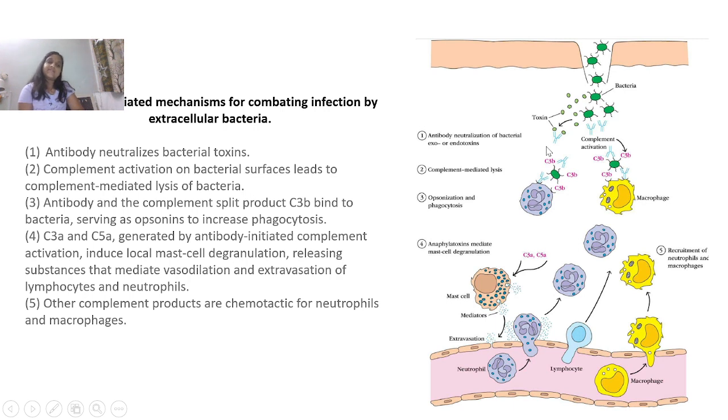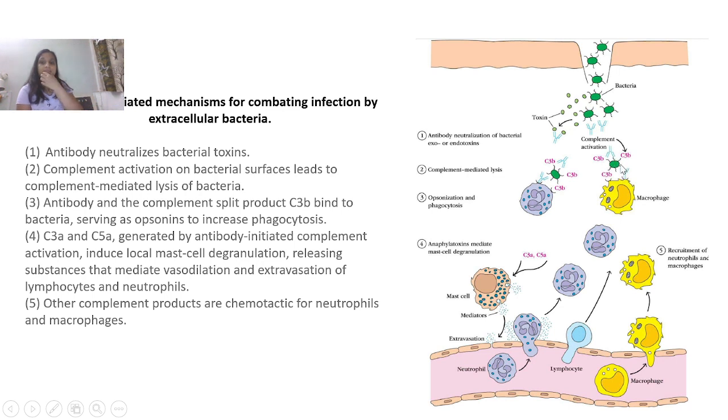Both endo as well as exotoxins, they can bind to and neutralize. Then there can be activation of the complement on the bacterial surface, which leads to complement mediated lysis of the bacteria. Here you can see the C3b complement is getting activated. There is a lysis of this bacteria where this complement is binding.